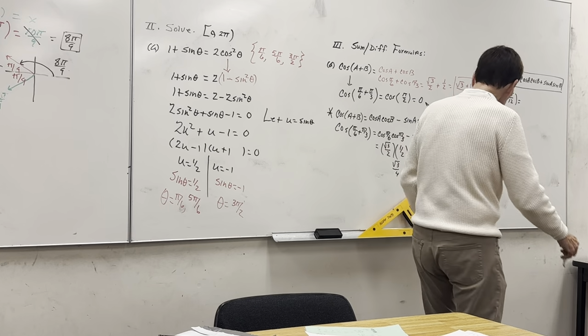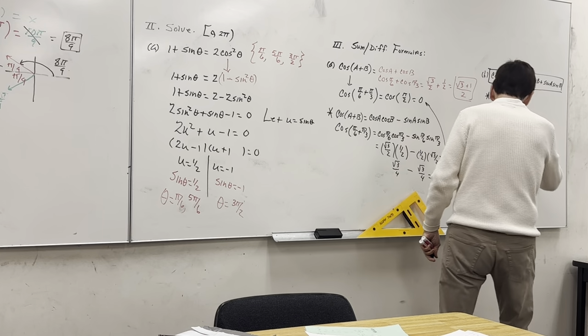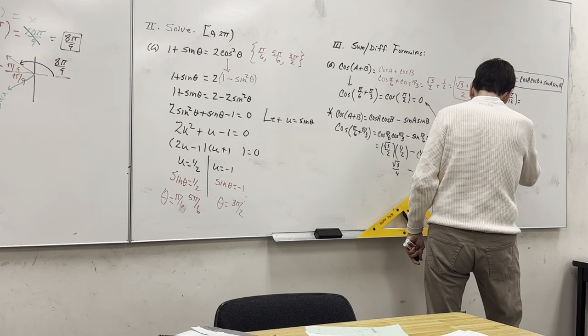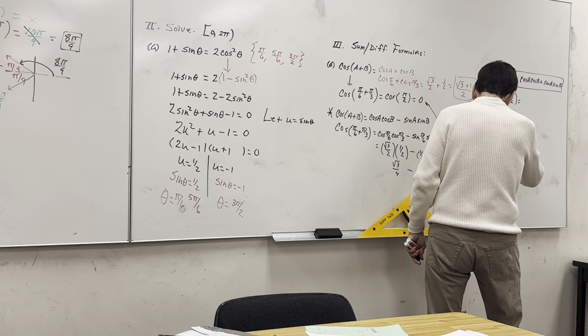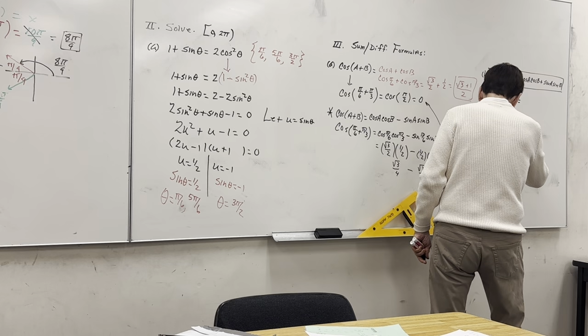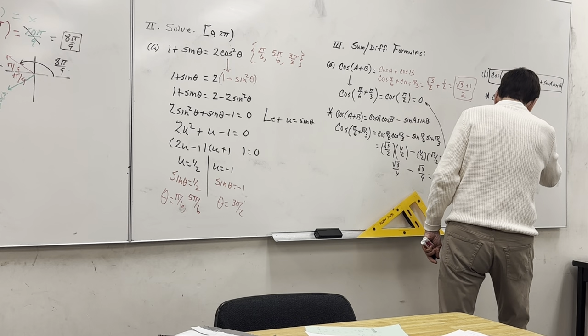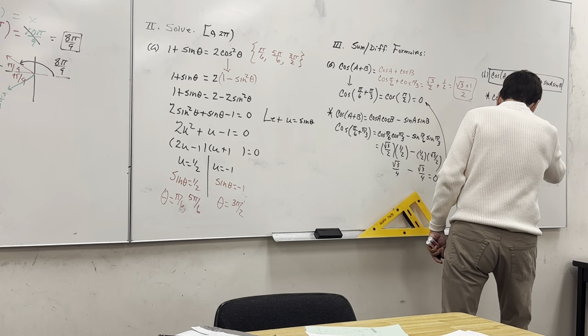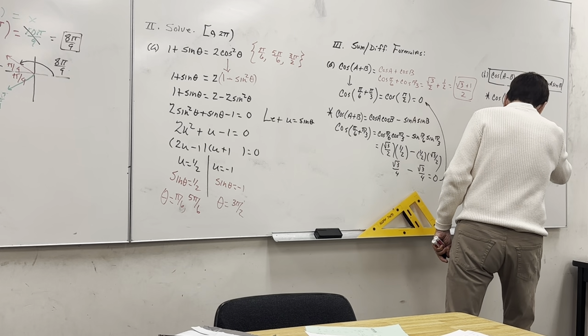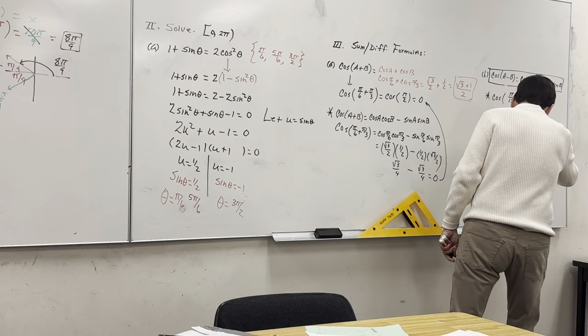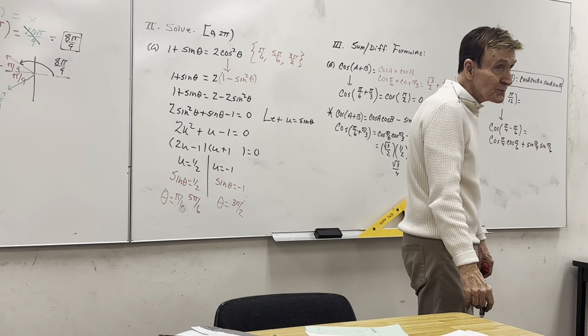Here goes. We will have cosine pi over 4, 45 degrees, cosine pi over 6, and that's a plus sign, sine pi over 4, sine pi over 6. Is that true?